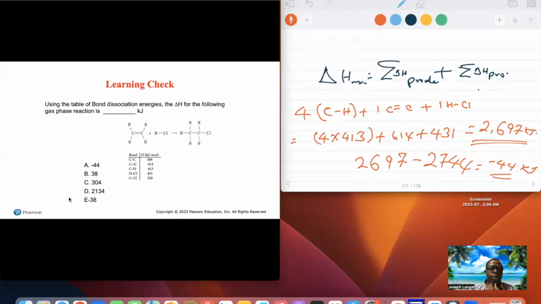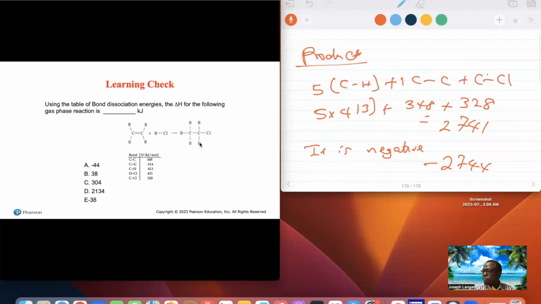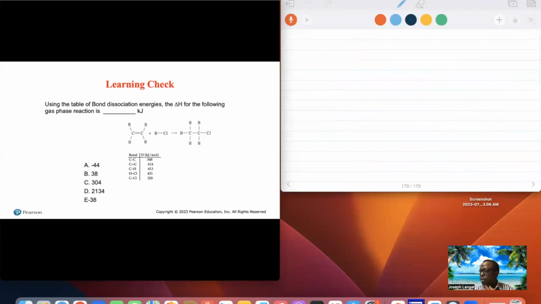The challenge here is, if it's not expanded, this is an expanded structural formula. Suppose you are given something such as CH4, you should be able to translate this to C with four hydrogens. That way you'll be able to see how many bonds are broken.